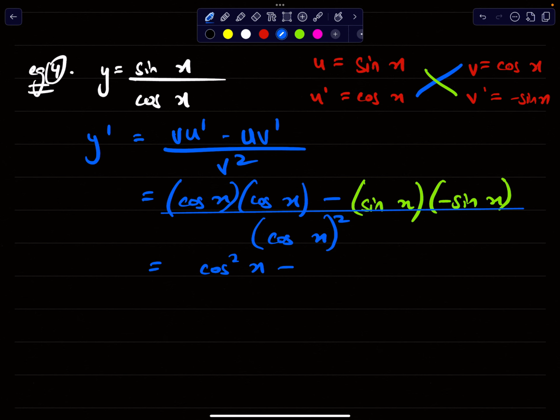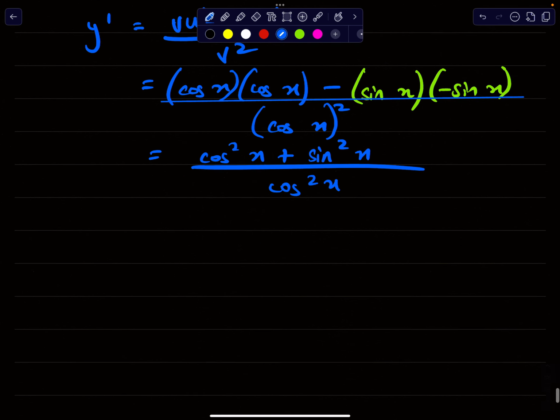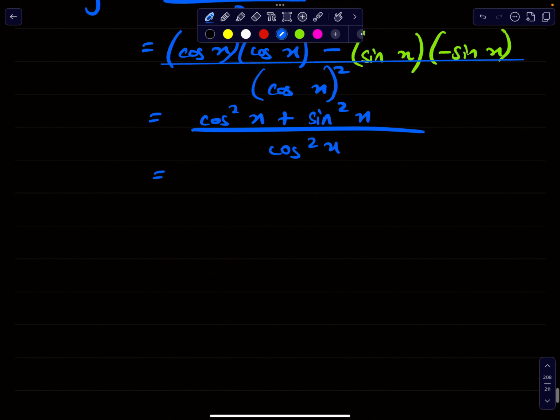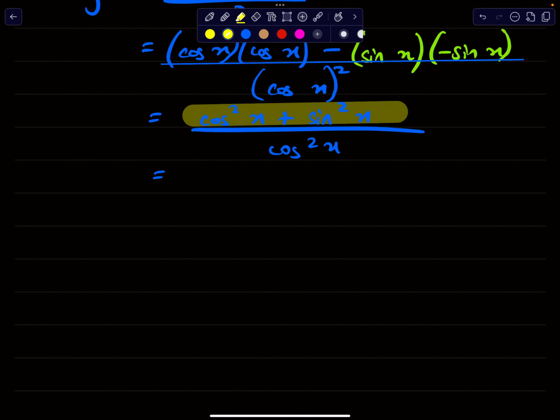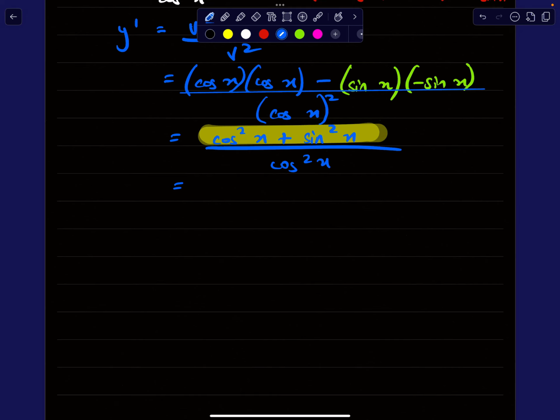Just simply write this as cos square x plus sin square x over cos square x. We know that this whole thing is going to turn out to be 1, and the denominator remains as it is.